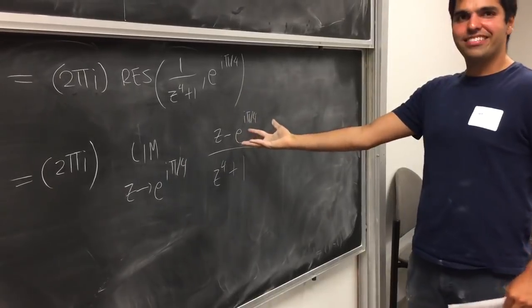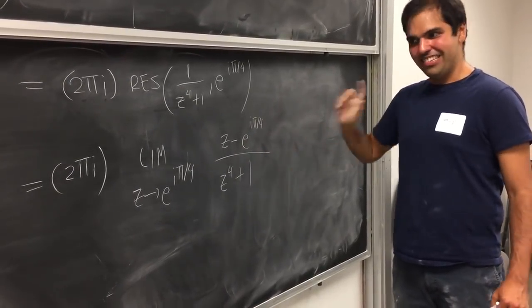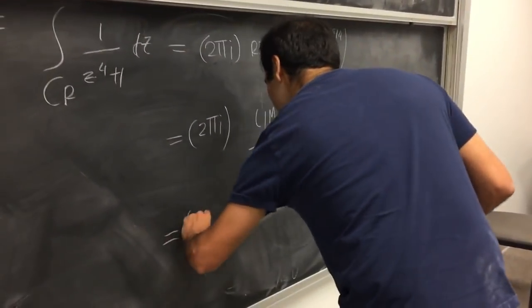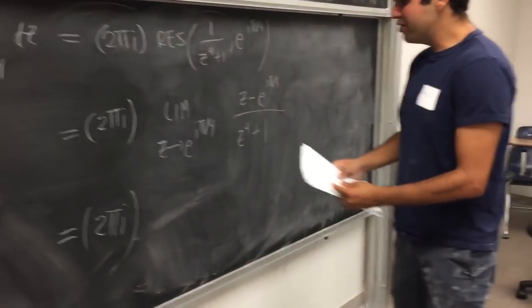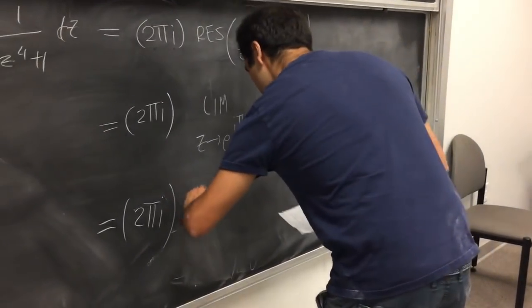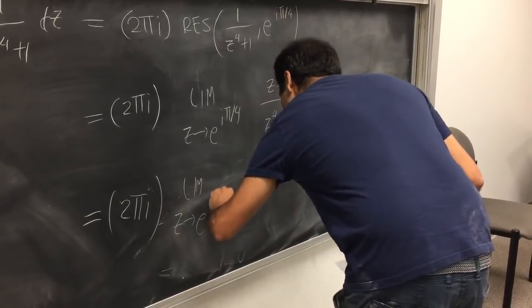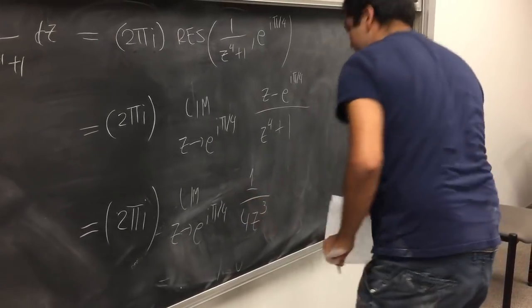This is a complex limit, yet you can still apply L'Hopital's rule for this. So L'Hopital extends to complex numbers. So you calculate the limit as z goes to e to the i pi over 4 of 1 over 4z cubed.